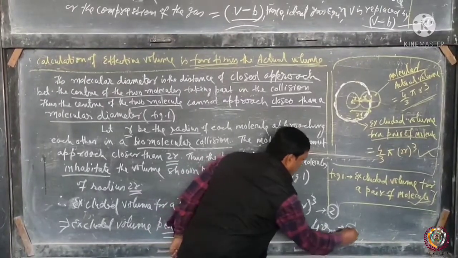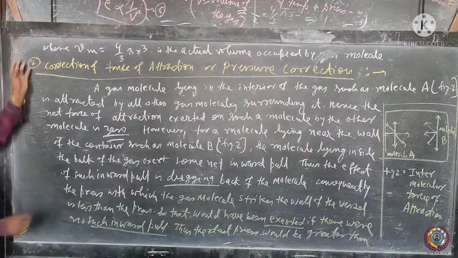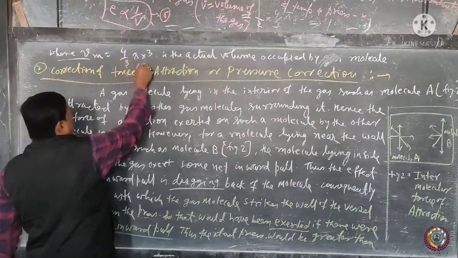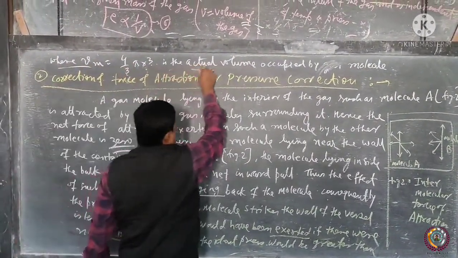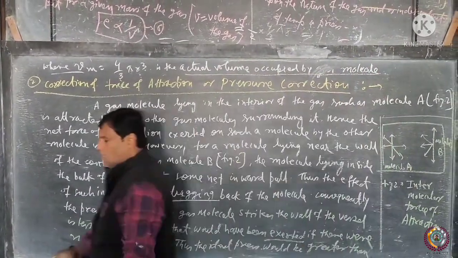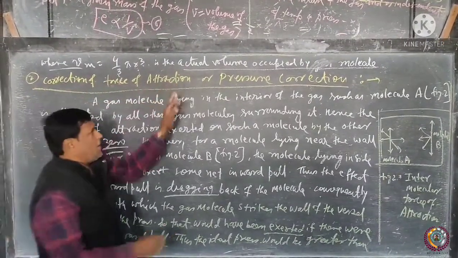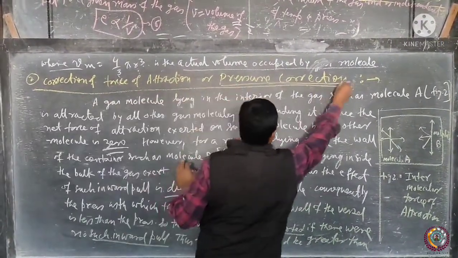This is denoted by equation 3, where v is equal to 4 by 3 pi r cube, the actual volume occupied by the molecule. Now, the second correction, that is the correction for force of attraction, or pressure correction.